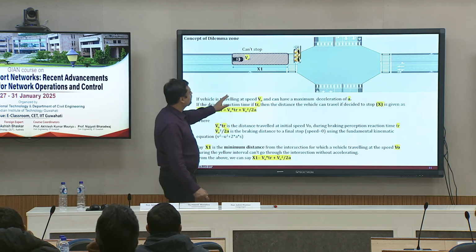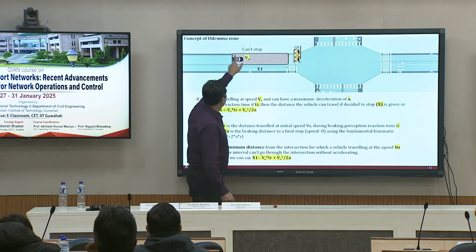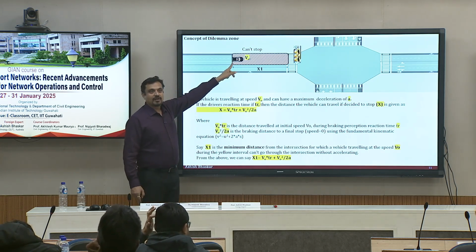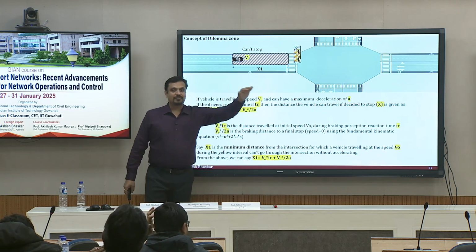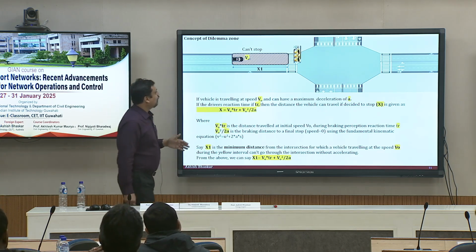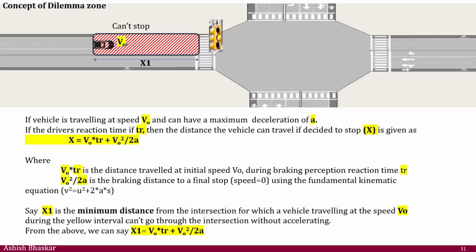Suppose this is a zone. That's the vehicle driving at a speed V0. At a speed V0, this car is moving. Now, if the yellow hits with this speed, if the vehicle is traveling at a speed V0 and can have a maximum deceleration of A, the maximum it can decelerate to stop, right?